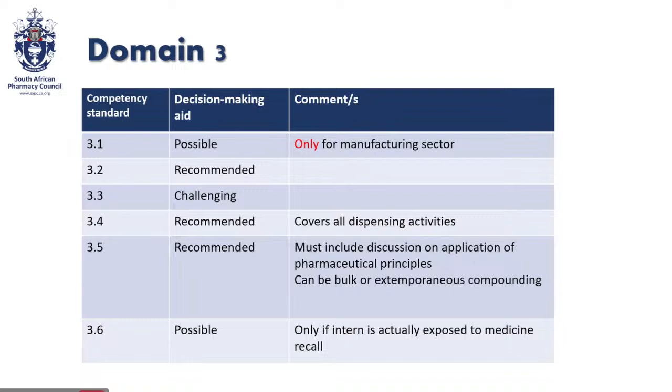And you can only do that one and be successful if you are actually exposed to a medicine recall, not just an example of a letter or what should be done in a recall, the actual recall, and how you have handled that and executed that.